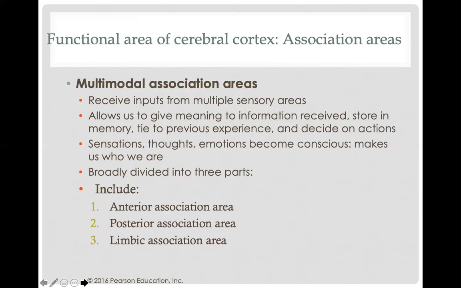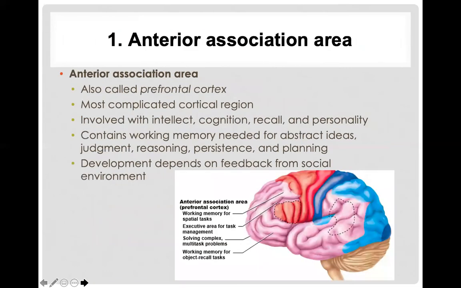So we're going to get started with what we identify as anterior association area. As the name implies, anterior association area is located in the frontal lobe. It is considered one of the most complex regions of the brain.